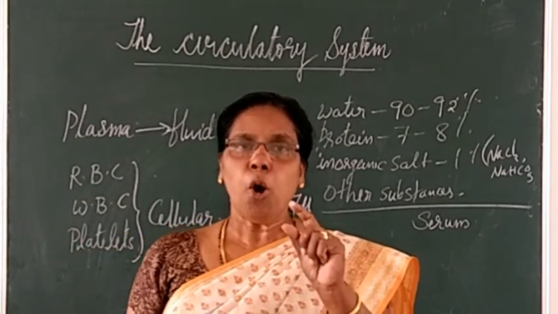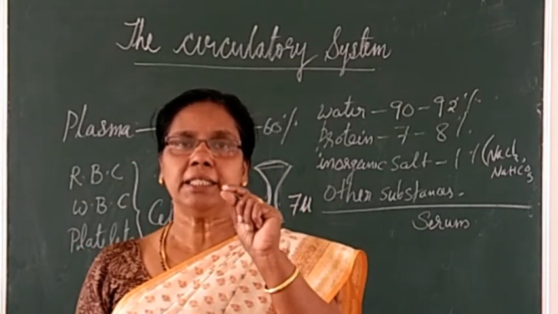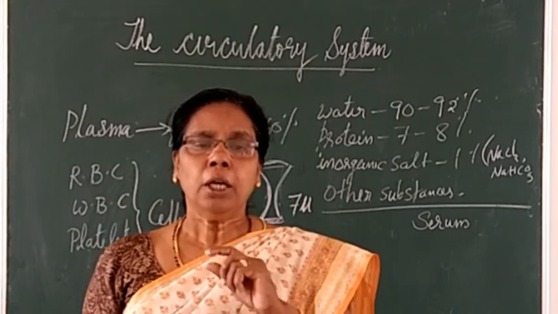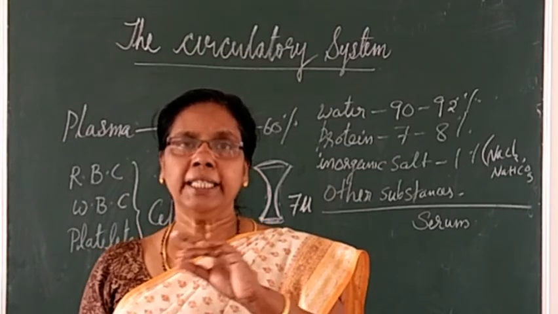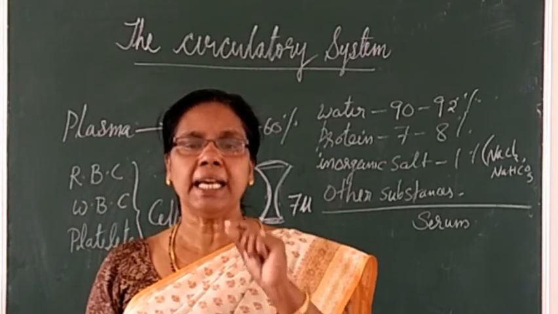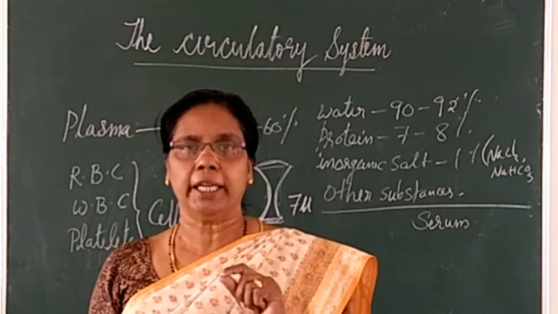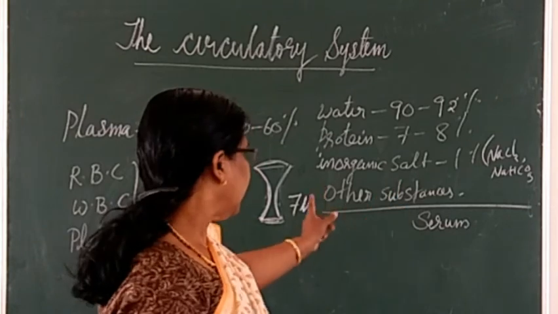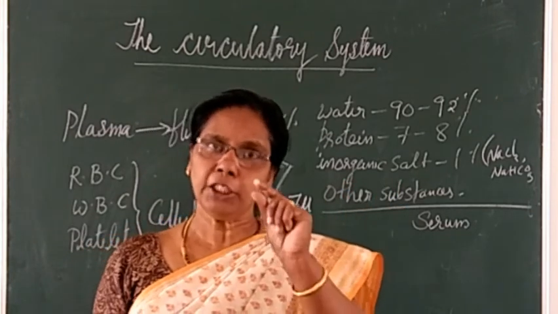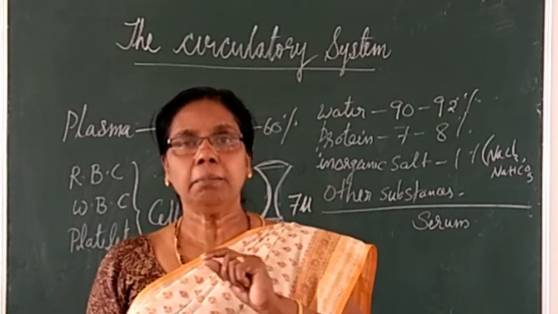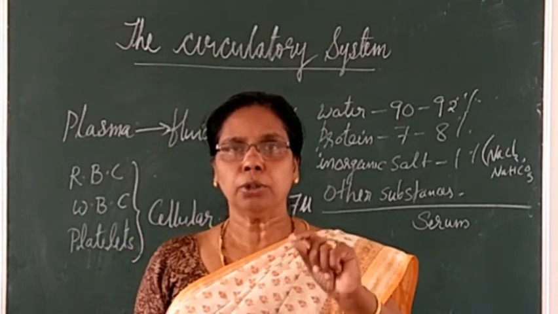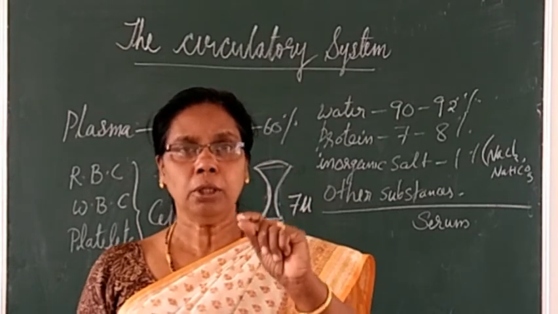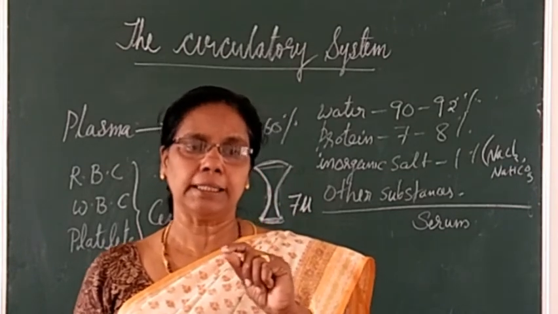Then the small size enables this RBC to travel through small blood vessels like capillaries in the body. Because of its small size, that is 7 microns, it can travel through these blood vessels.